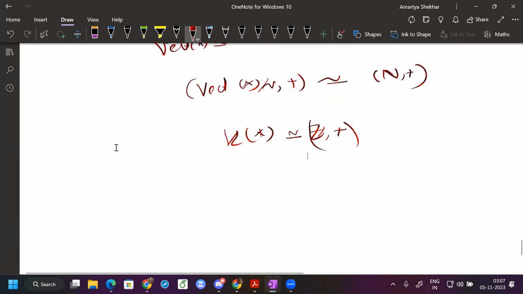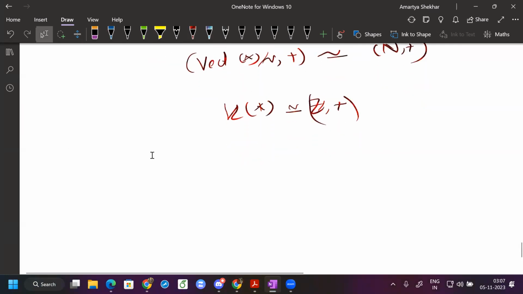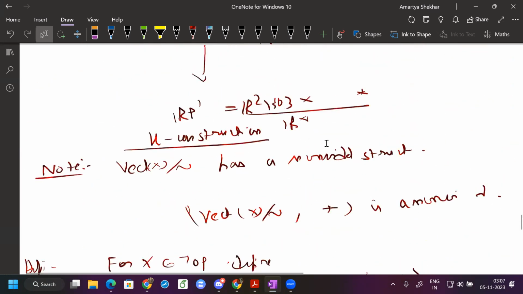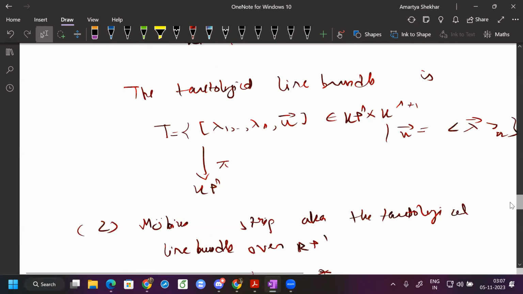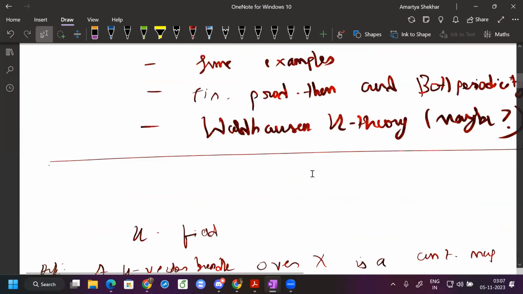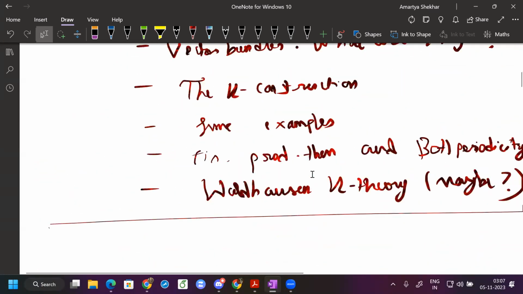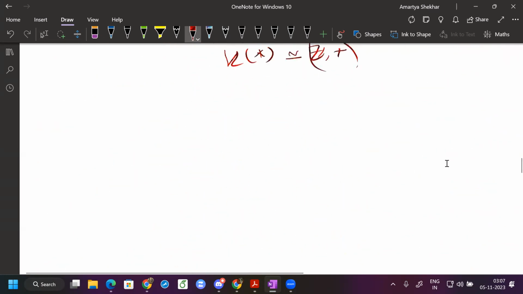That was the first thing; we'll do a few more examples actually. This is just the first thing. Now we'll talk about the fundamental product theorem and Bott periodicity.